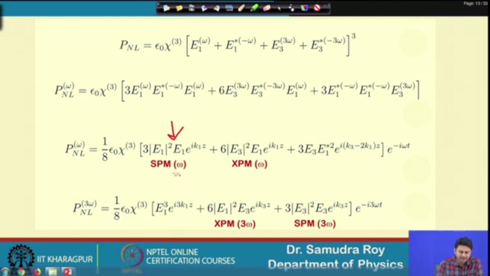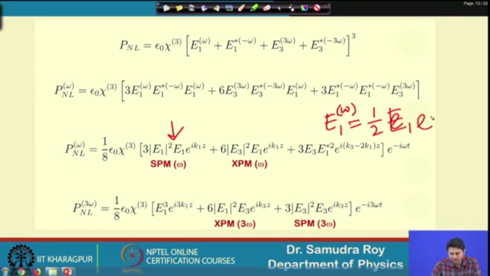This term is related to self phase modulation, because we know that E1 at omega is half of E1 e to the power of i (kz minus omega t).